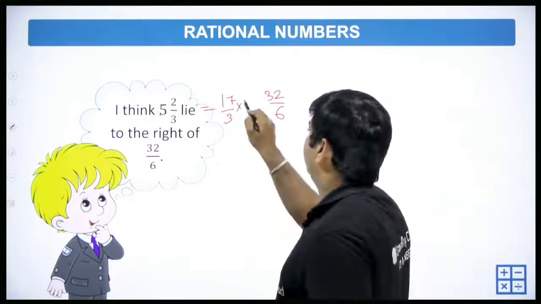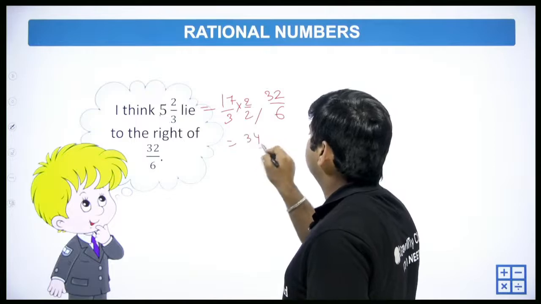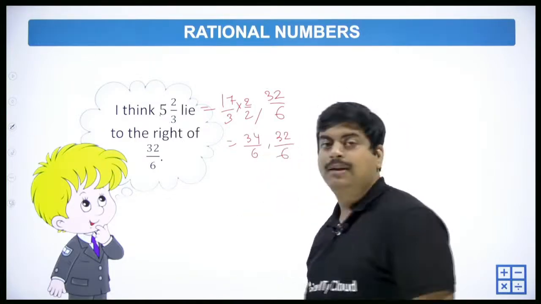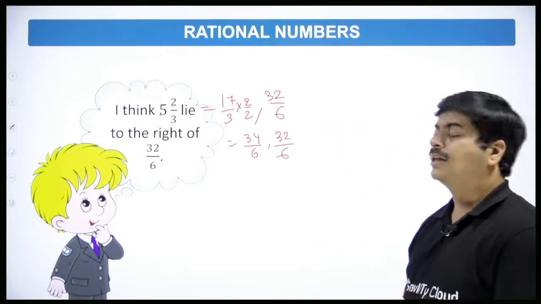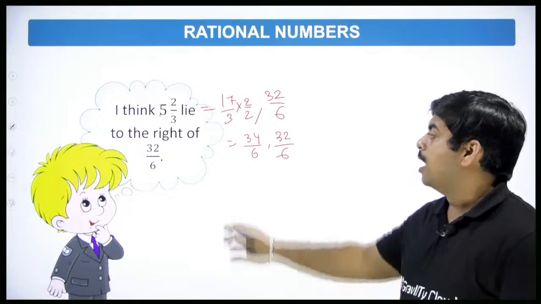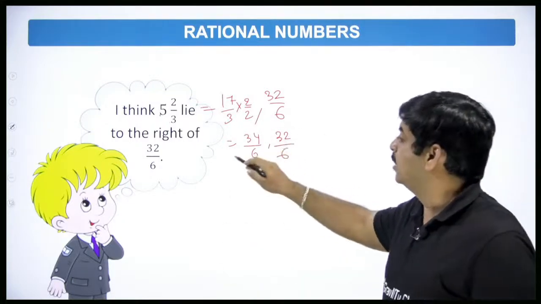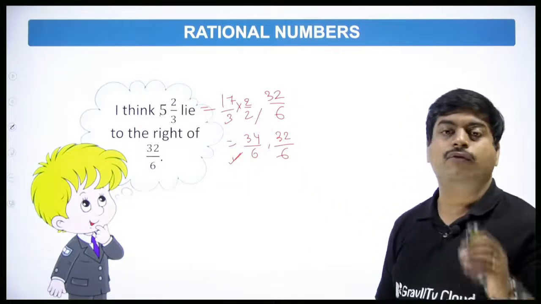So, you multiply by 2 by 2. So, 17 times 2 is 34 by 3 times 2 is 6, comma 32 by 6. 34 by 6, comma 32 by 6, correct? Now, which is greater, which is smaller? Obviously, 34 by 6 is greater.